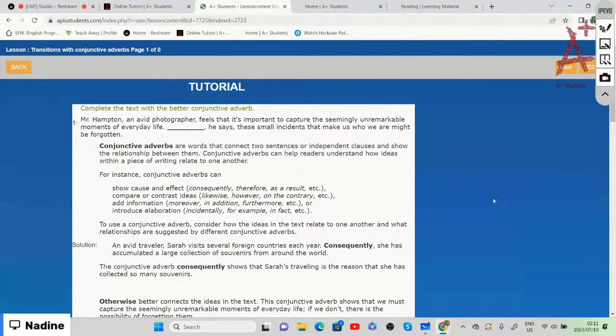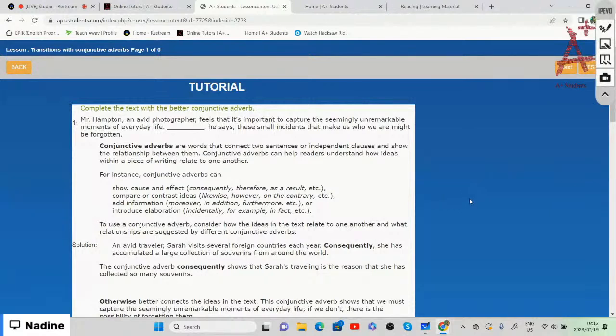And in order for you to show the relationship between them, you need to consider how the ideas within the text relate to one another. You need to know what relationships are suggested by the different conjunctive adverbs, right?